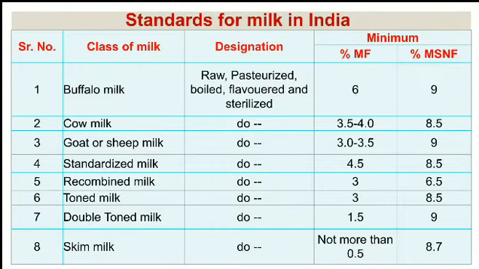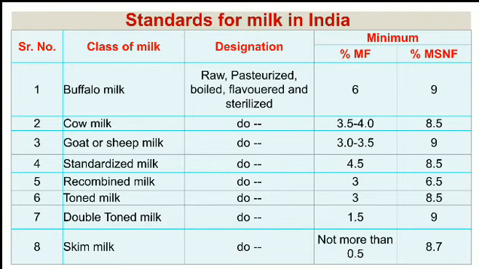Then next is the standards for milk in India. In buffalo milk, the designation for all the classes of milk is raw, pasteurized, boiled, flavored and sterilized. In buffalo milk, the minimum milk fat percentage should be 6%. Then the minimum SNF percentage in buffalo milk should be 9%.